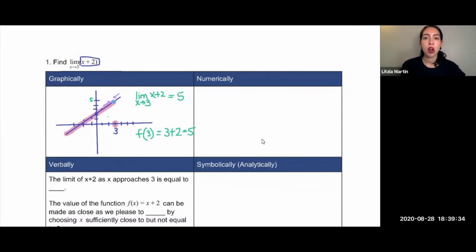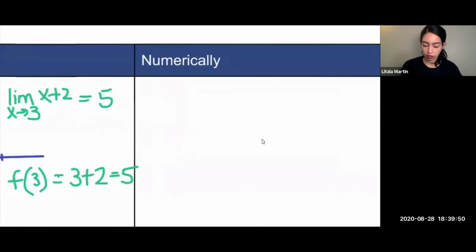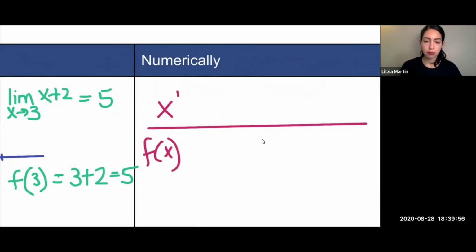So limits are all about patterns, right? We're trying to see the patterns of the function so that we can predict what is happening in that function. Numerically would mean we can have a table and fill out some values here.